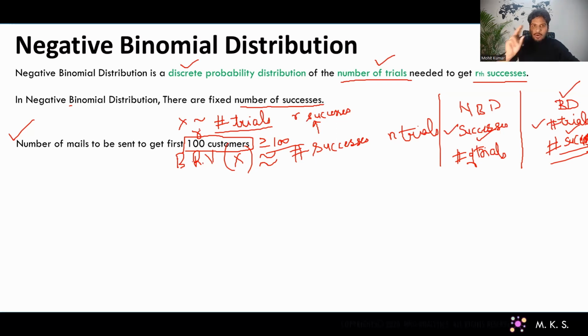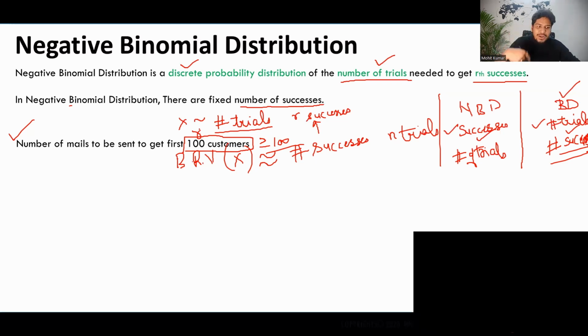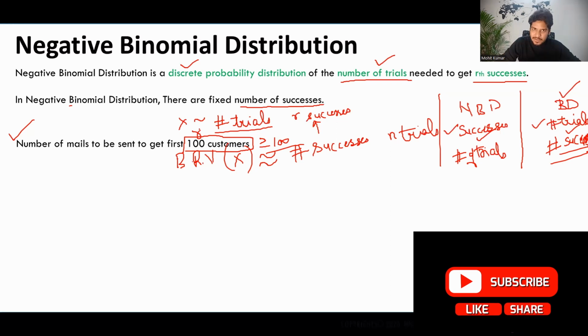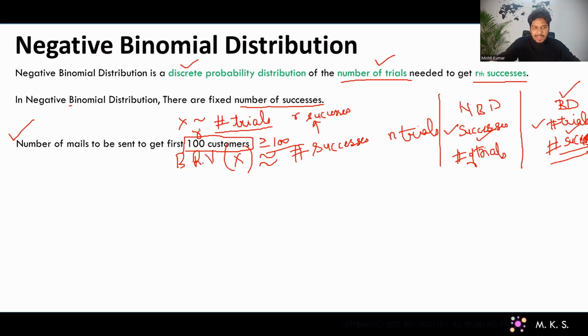Every mail you send has a probability assigned to success. So these are the conditions for every trial to be classified as a Bernoulli trial. First, there are two possible outcomes, either success or failure. And the second is that the probability of success remains the same throughout all the trials, or we can say the trials are independent.